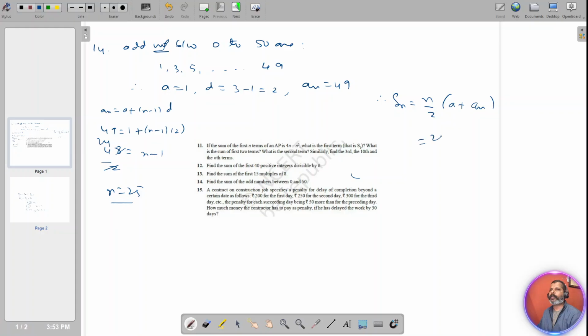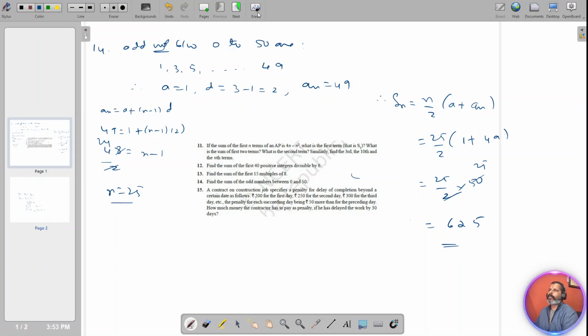N is 25 by 2, A is 1 plus An is 49. So 25 by 2 into 50, 25 times 25 is 625. That is the sum required. Okay, just conclude that.